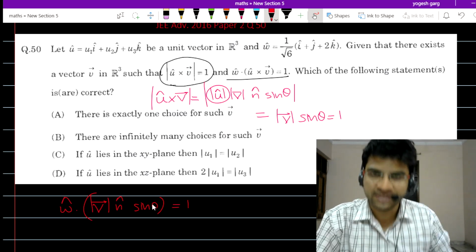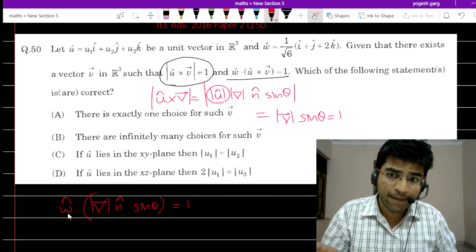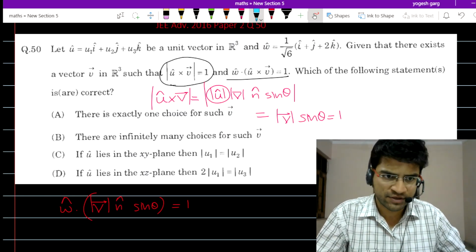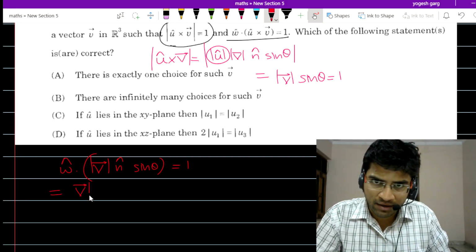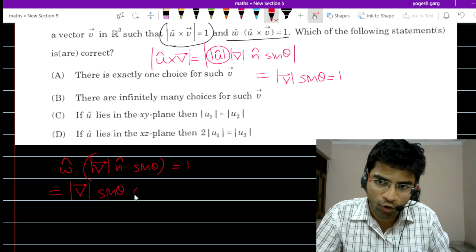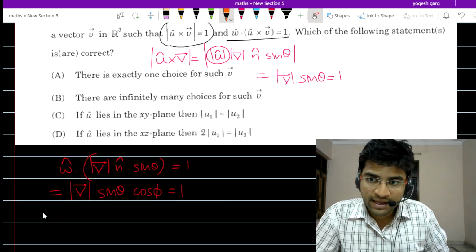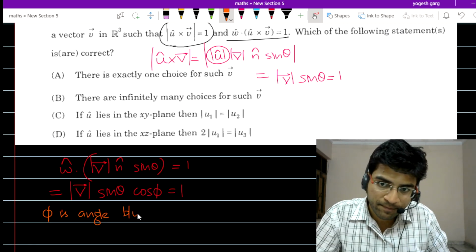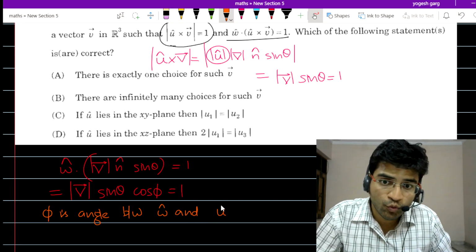Clearly doing dot with this will introduce just one more thing, that is cos of the angle between W cap and n cap, right? First of all, let us write the expression. So this is mod V vector into sine theta into cos phi, and that is equal to 1, where phi is the angle between W cap and U cap cross V vector, isn't it?